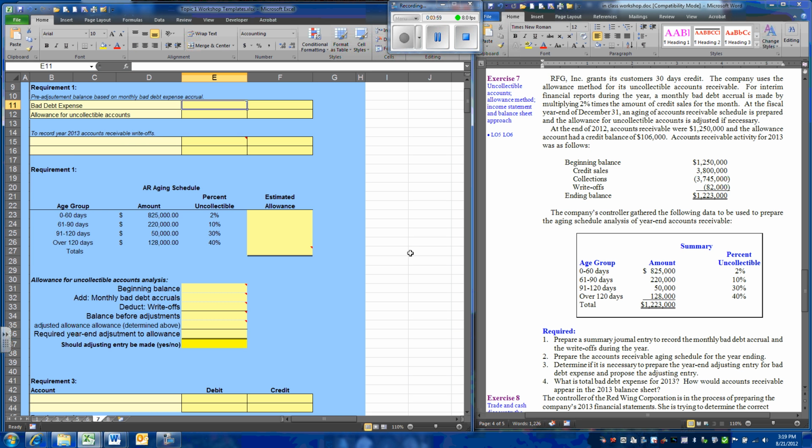The total throughout the year was the amount of the credit sales, $3,800,000, times our bad debt percentage of 2%. So during the year, we accrued bad debt expense of $76,000 and increased the allowance for uncollectible accounts to $76,000.